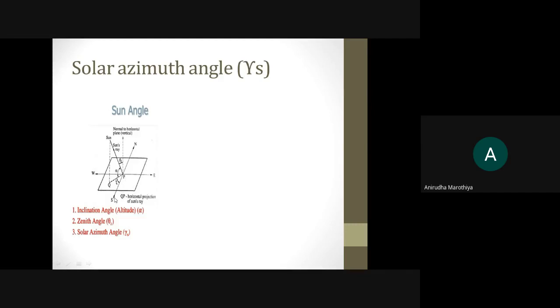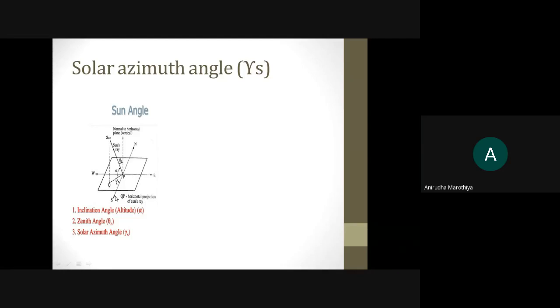And this PS indicates line due south, मतलब एक लाइन जो कि साउथ की तरफ इंडिकेट कर रहा है, line due south. And from this diagram, this angle is known as solar azimuth angle indicated by symbol gamma suffix s. So the angle between PQ and PS is known as solar azimuth angle.